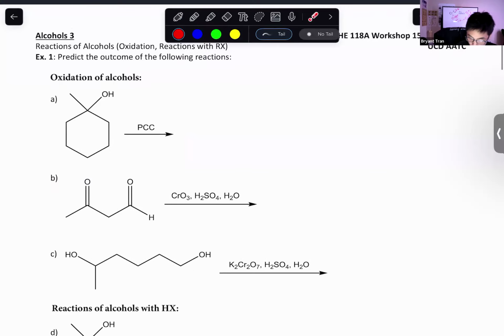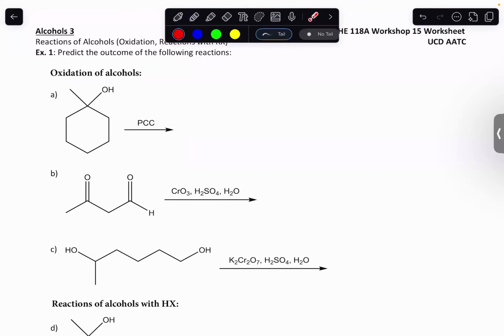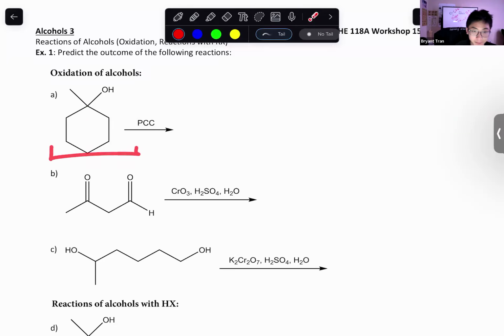And before we can do that, we could also analyze what functional group we have and what type it is. So what functional group do you see present in the reactant and what type?